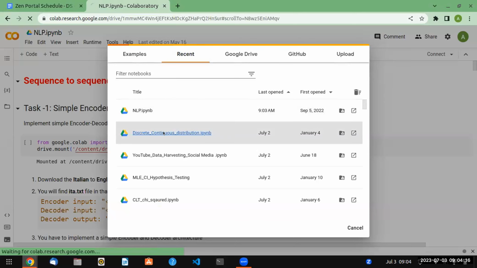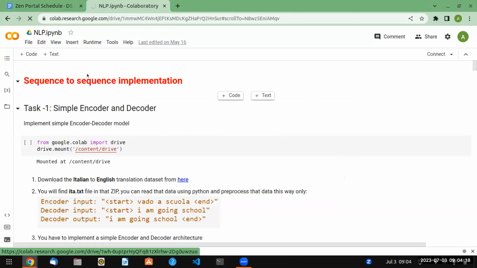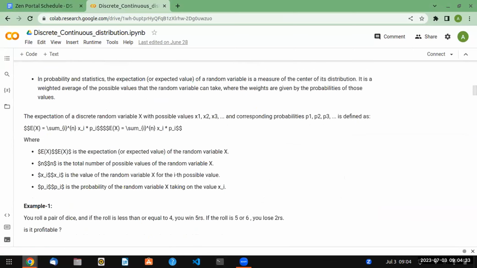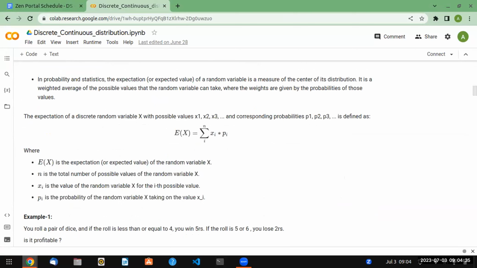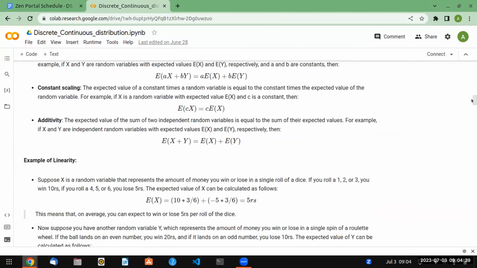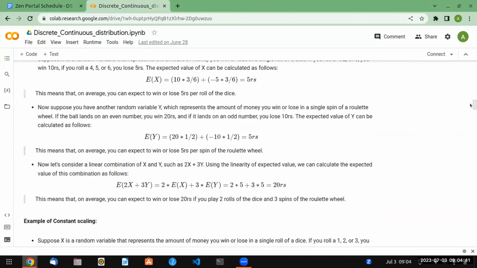Discrete, continuous. I think this is the file. And here, let me see. Bernoulli, we went. Properties of expectations, linearity, I think this one we covered.